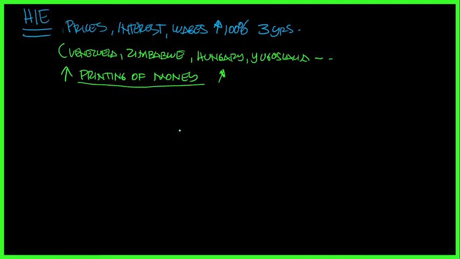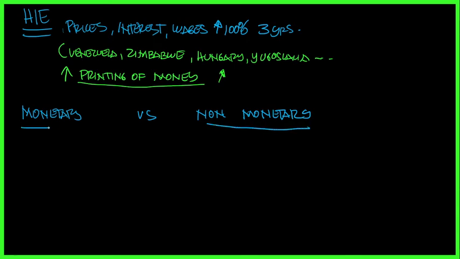What are the other things that you have to remember? Yeah, we also mentioned your monetary items. So, what are monetary versus non-monetary? Monetary versus non-monetary item. Okay, so pag sinabi natin monetary, they can be easily converted into cash, okay?